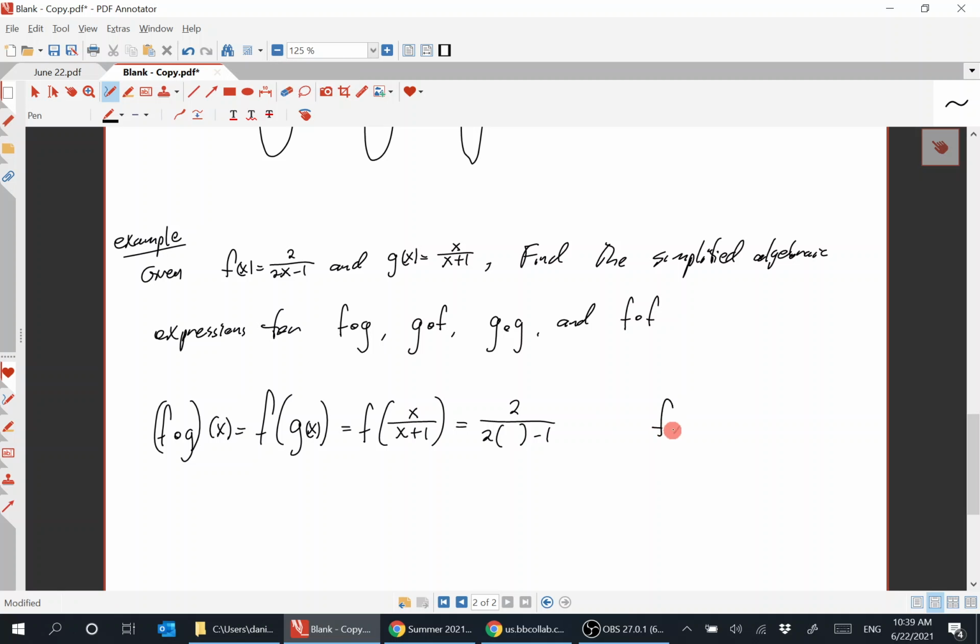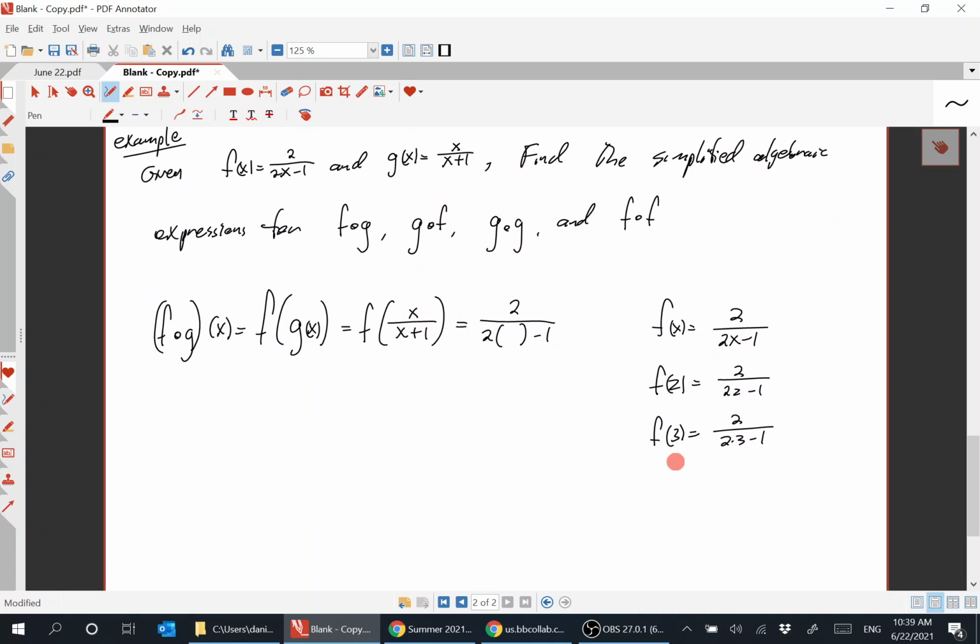Right, f of x is 2 over 2x minus 1. So f of z is 2 over 2z minus 1. So f of 3 is 2 over 2 times 3 minus 1. Now, you don't have to stick in just a symbol.